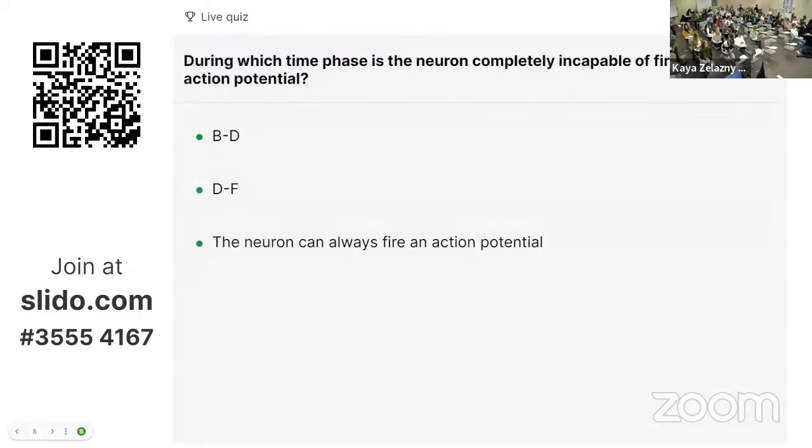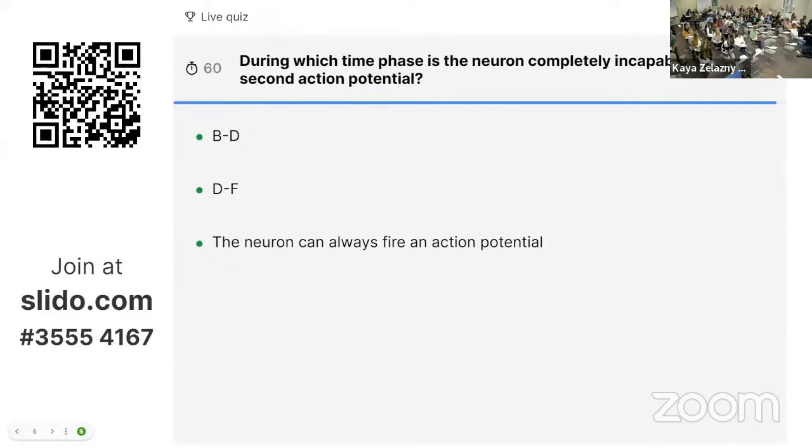Okay. So getting to those final topics we were talking about after going through the phases, we left off thinking about refractory periods. When would the neuron be completely unable to fire off a second action potential?